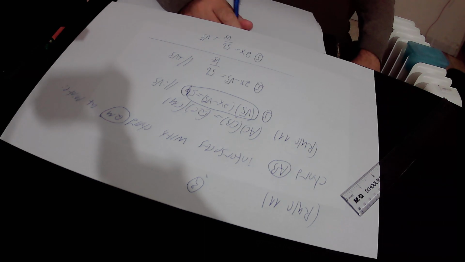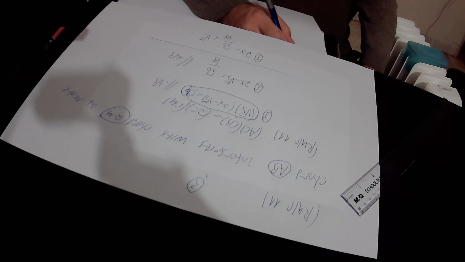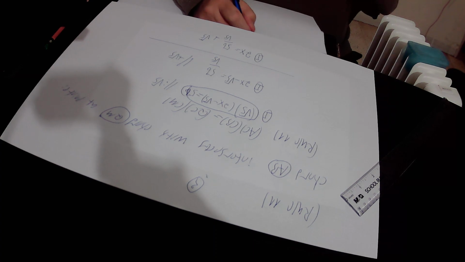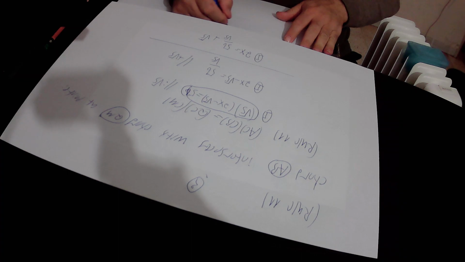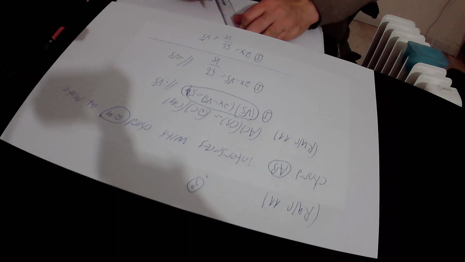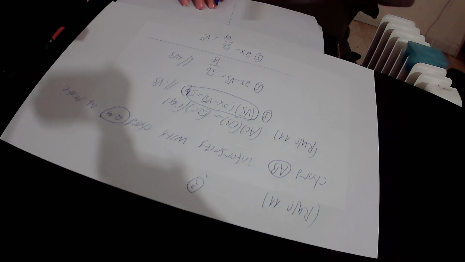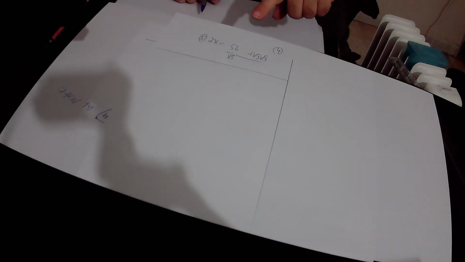And finally we get that according to equation number 1, 2x equals 5b plus square root of 5 times square root of 5 over square root of 5.